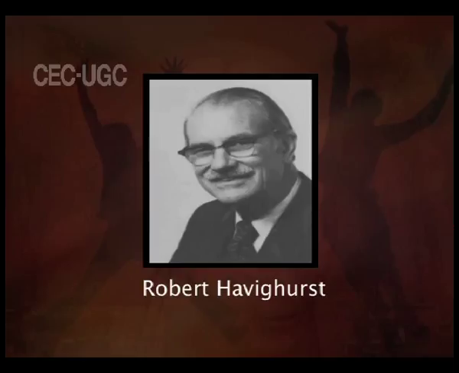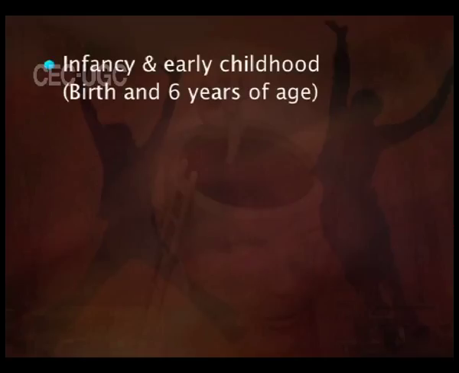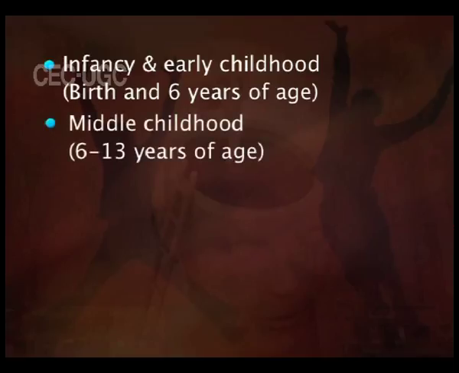According to Havighurst, there are 6 major stages in human life. The first stage is of infancy and early childhood, which ranges between birth and 6 years of age. Next, we have middle childhood, which ranges between 6 and 13 years of age.